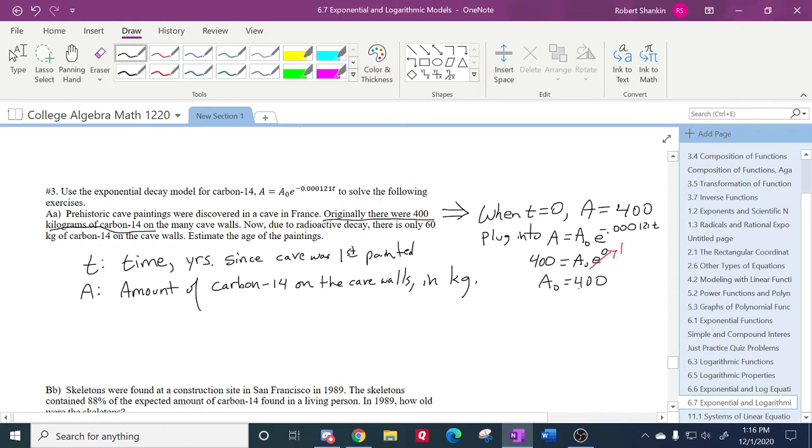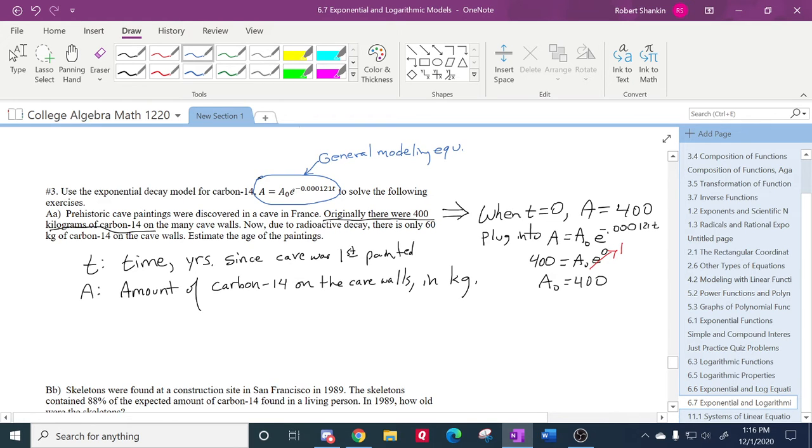All right. So this right here we call the general modeling equation.